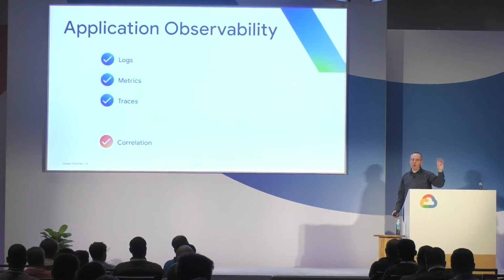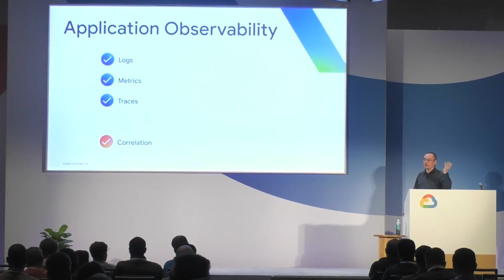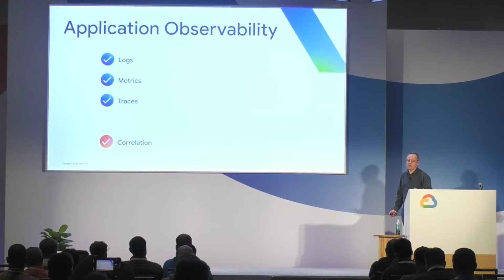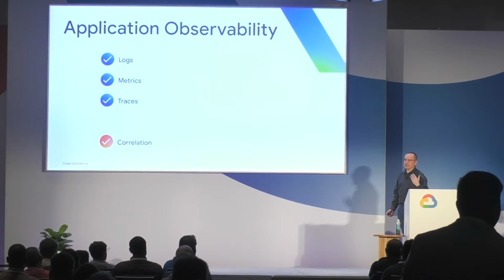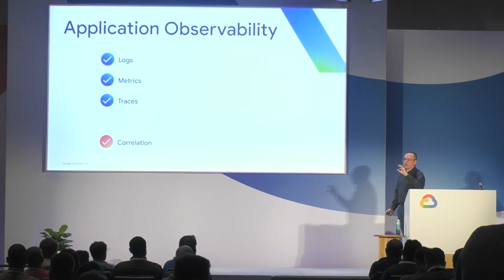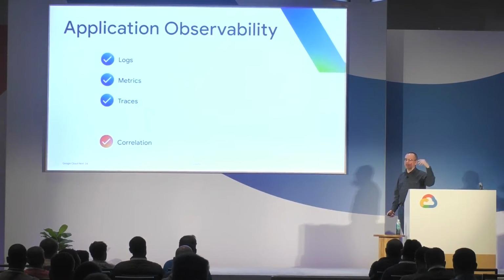If you can't correlate that information, troubleshooting is a real pain because I can't work out where the errors that were generated in one service relate to what was happening on another service. So the idea of distributed tracing is you can add an identifier to data as it passes through all of your distributed systems, and that allows you to correlate and say these individual invocations of a service related to this higher level request. So we can actually work out what's going on.